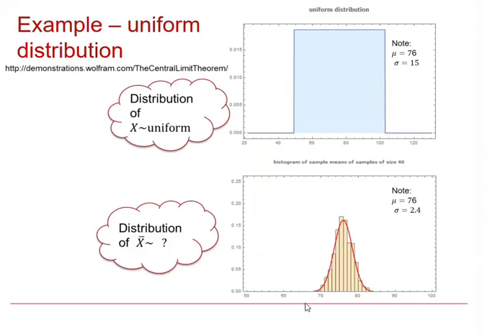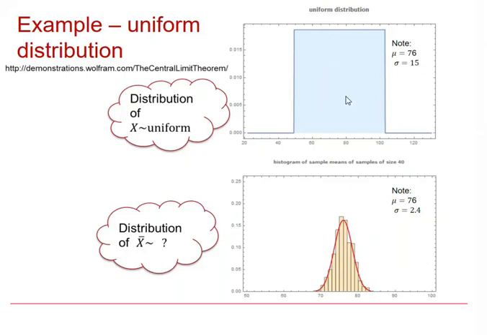So to look at a slightly more interesting example of the central limit theorem, we have here a uniform distribution, quite easy to see that's not normal, and the population mean was 76, the variance 225, standard deviation 15.